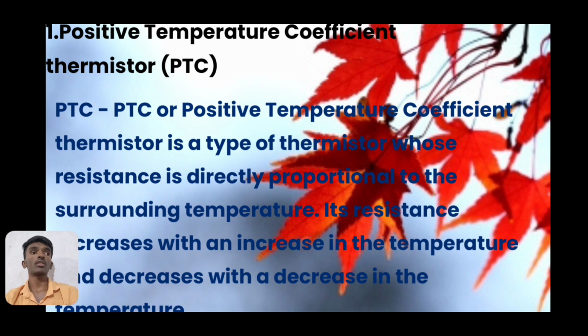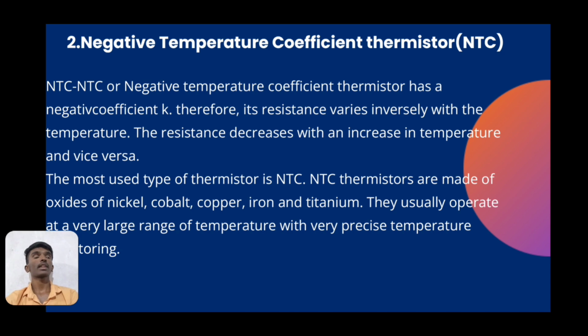A positive temperature coefficient thermistor is a type of thermistor whose resistance is directly proportional to the surrounding temperature. Its resistance increases with an increase in the temperature and decreases with a decrease of temperature. Second one, negative temperature coefficient thermistor, NTC.